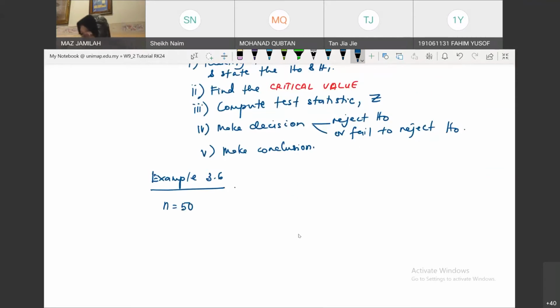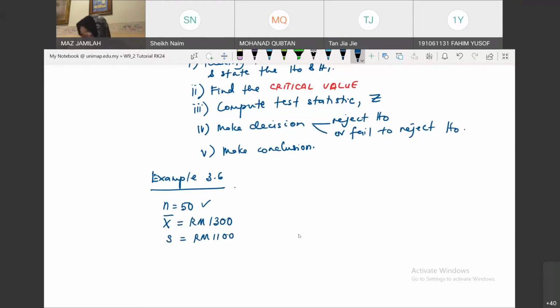And the second one, from this particular sample, the mean expenses per year, so the mean of the sample is RM 1,300. And the sample standard deviation, so we know that sample standard deviation refers to S. So S is given by RM 1,100.